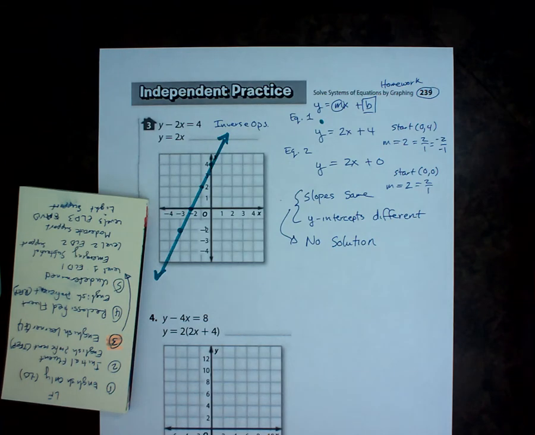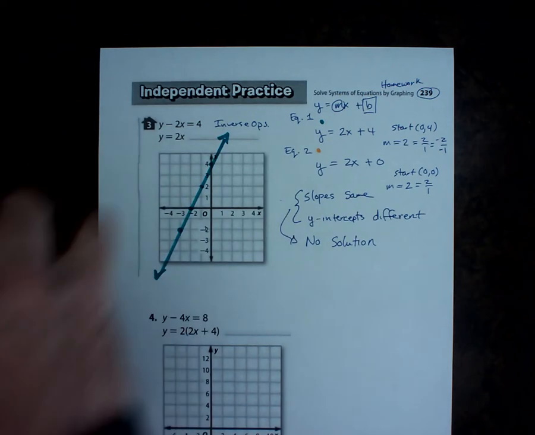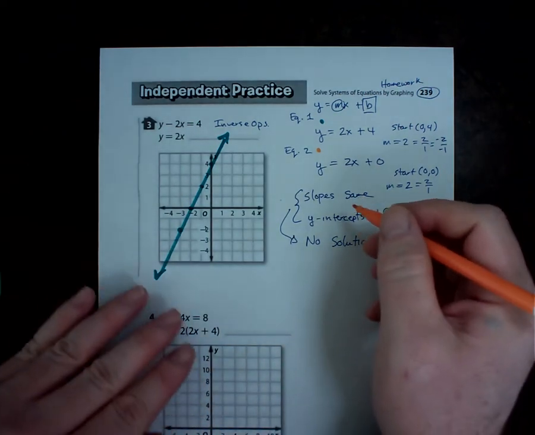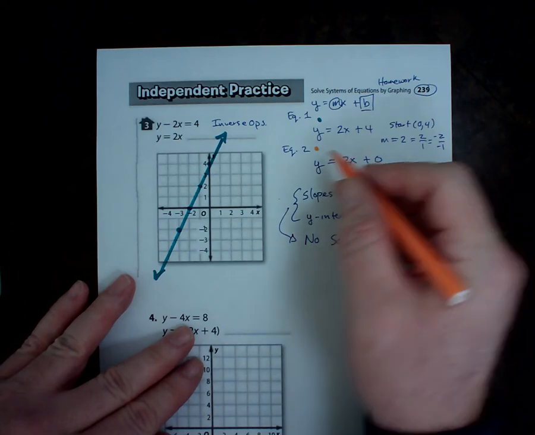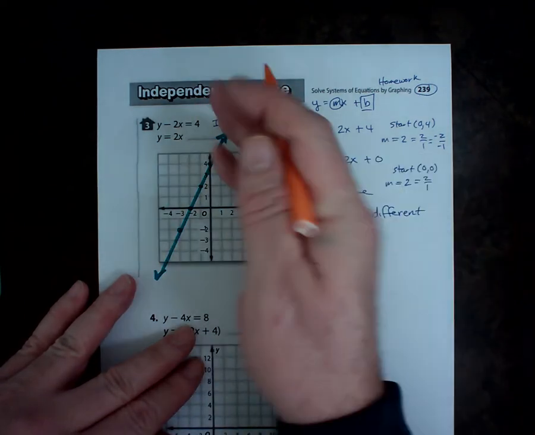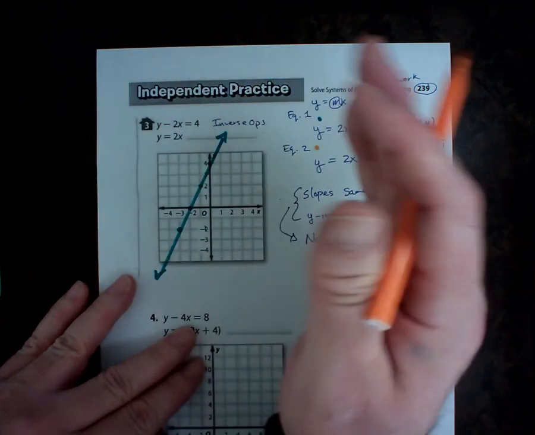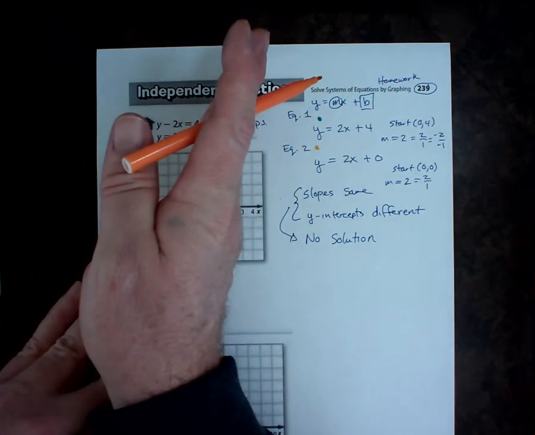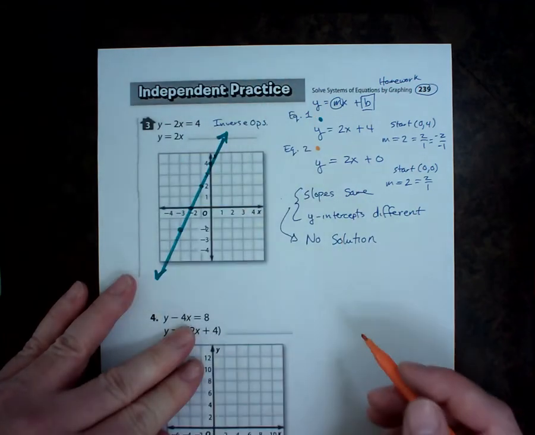Now I'm going to pick another color, and on the next color we have to decide. I'll use orange. The next one we're going to do is graphing this line. Now, is this line going to intersect the blue line? Is it going to be exactly the same as the blue line, infinite, or is it going to be parallel, so no solution?